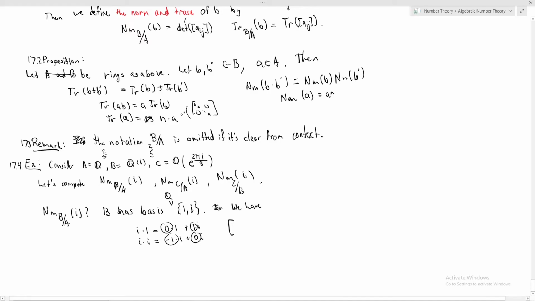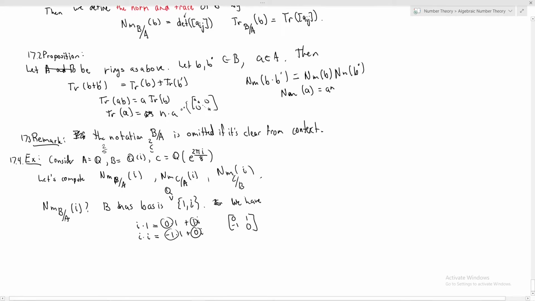Our matrix of i in this basis is 0, 1, negative 1, 0. Okay, and this matrix has determinant 1. Maybe I somehow picked a bad example, I'm not sure. So the norm here, in this case, is 1.